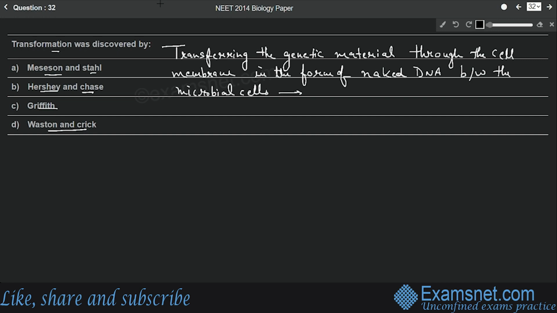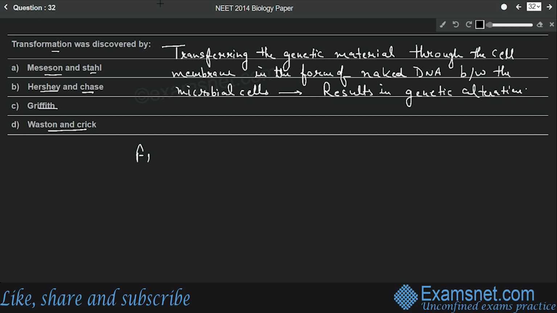And this process results in the genetic alteration. Okay, so transformation results in genetic alteration. It can also be defined as the insertion of new genetic material into the bacterial cells. So the experiment for the transformation was performed by the British bacteriologist named Frederick Griffith.